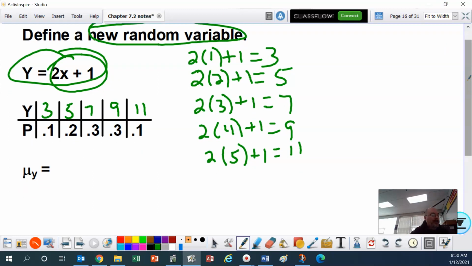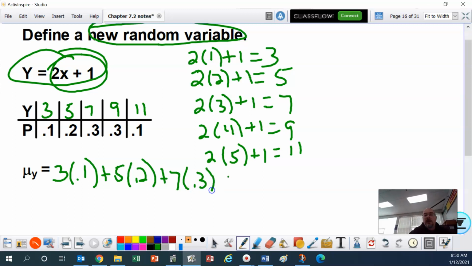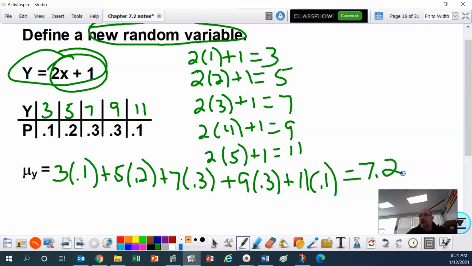Okay, so what happens here if I find the mean or the expected value? Well, if I went through and did 3 times 0.1 plus 5 times 0.2 plus 7 times 0.3 plus 9 times 0.3 plus 11 times 0.1, if I did all of that work, folks, I'm going to get 7.2.